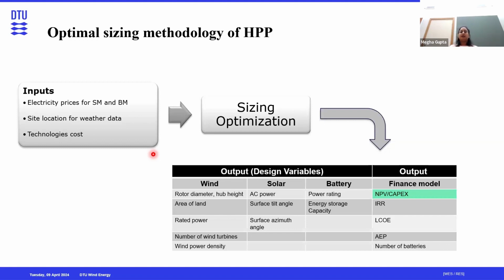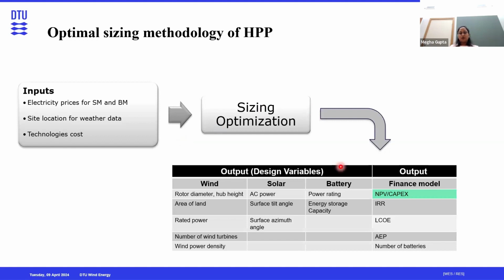And then we need to know the technology costs, like the capex and opex for wind turbines, solar PV panels, grid connection, balance of system cost, balance of plant cost, and all those associated costs with a hybrid power plant. Once we have these inputs, we perform the whole sizing optimization that we just saw in the previous slide.